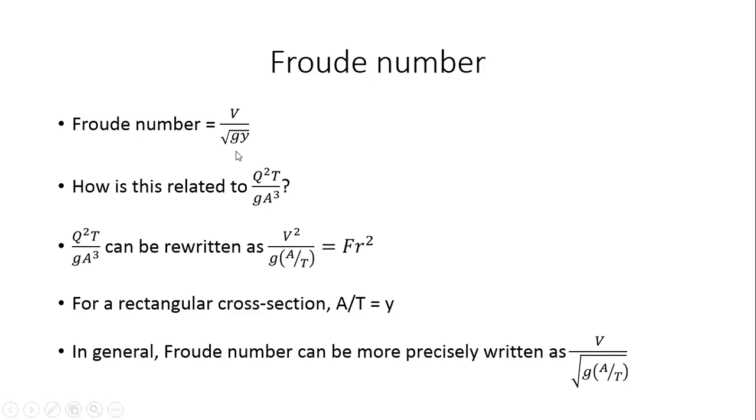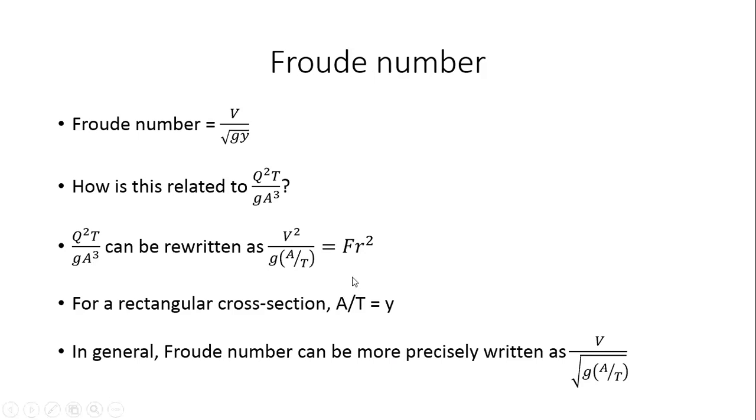To be more precise, in general, we have to write the Froude number as V by under root G A by T. So this is the Froude number, and Q square T by G A cubed is simply this number square. That is the relationship between the Froude number and your expression.